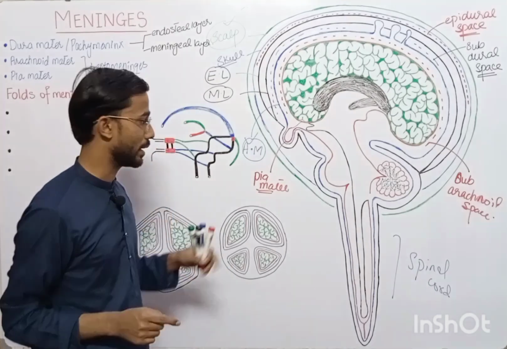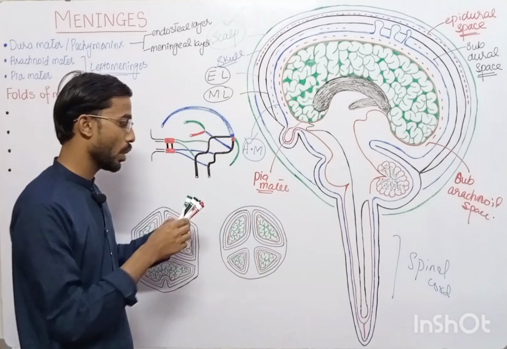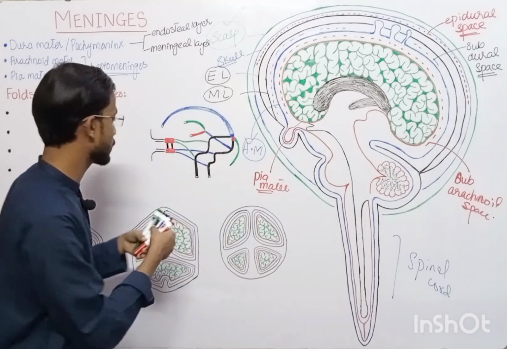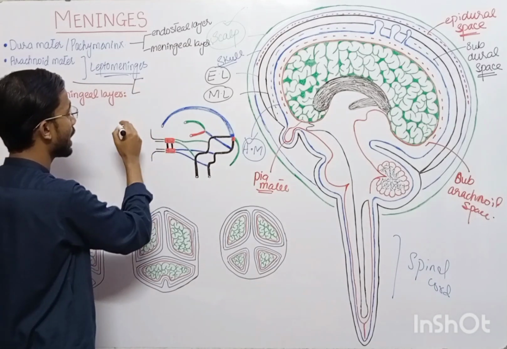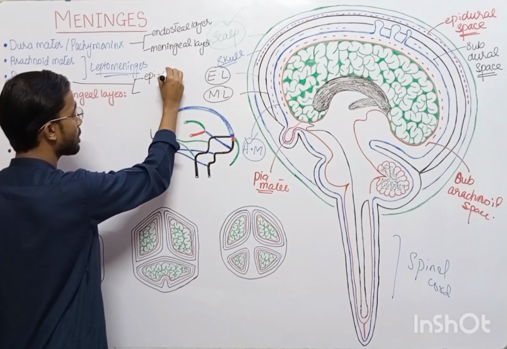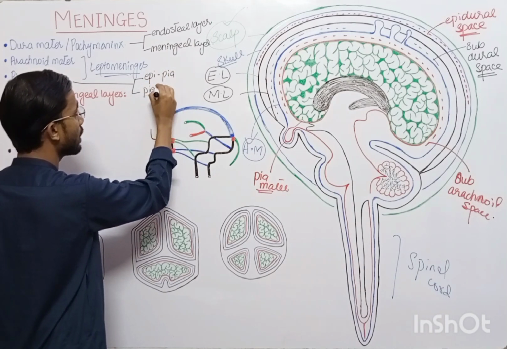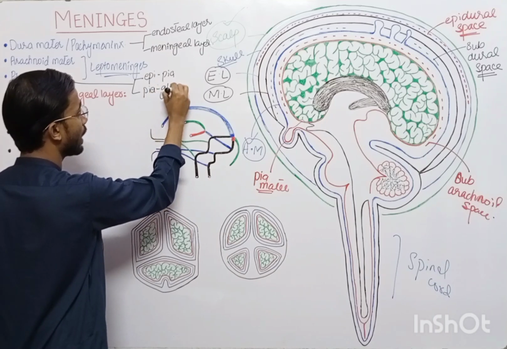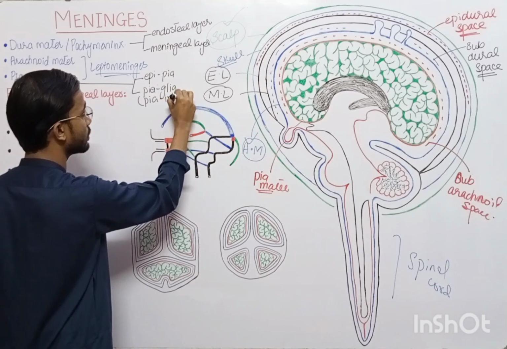Keep in mind, the last layer is the pia matter, which has two layers also. First one is the Epi-pia and second one is the Pia-glia, or you can say Pia-intima.